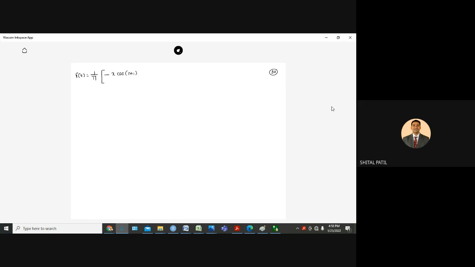Cos of n plus 1 x divided by n plus 1 plus, zero to pi.